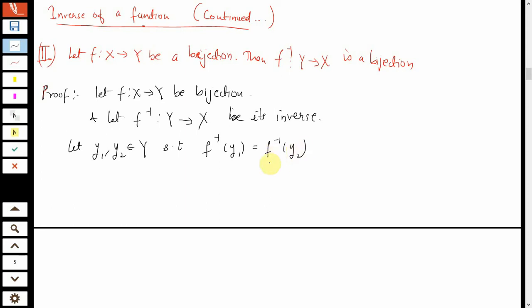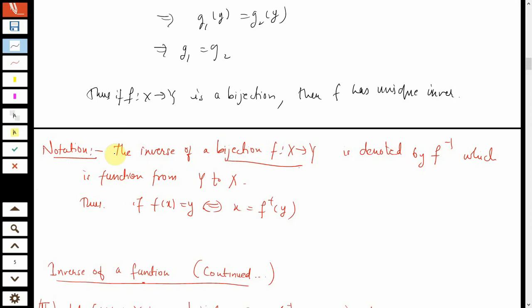Okay, so let me call this f inverse of y1 and f inverse of y2. Ultimately it's going to be a point in X, so let me call this x, so it belongs to capital X. So what we have, f inverse of y1 is equal to x and f inverse of y2 is equal to x. So from the notation in the previous lecture, whenever we have x is equal to f inverse of y, that's same as saying f of x is equal to y.